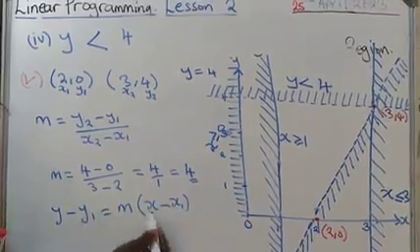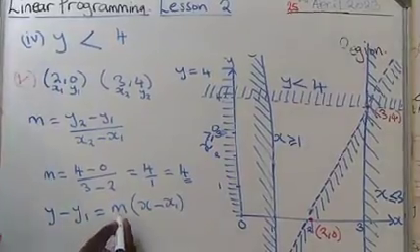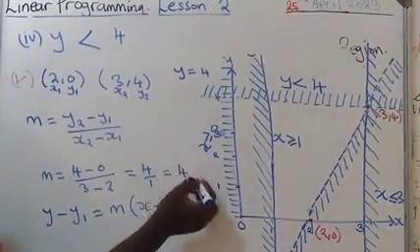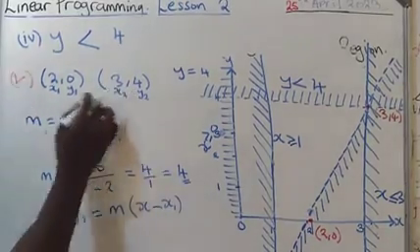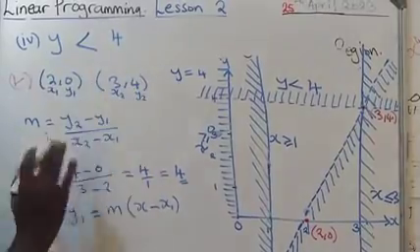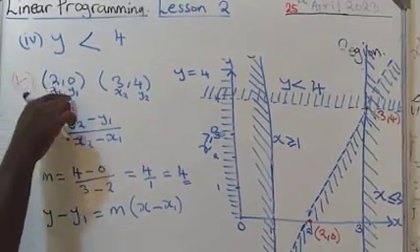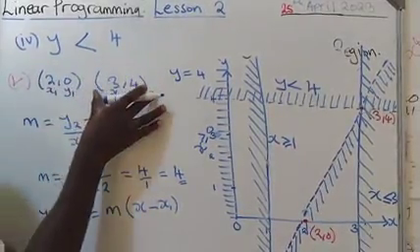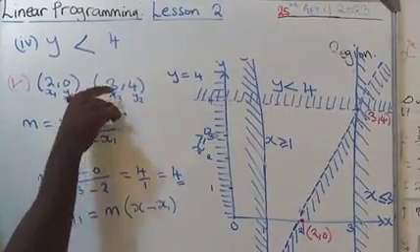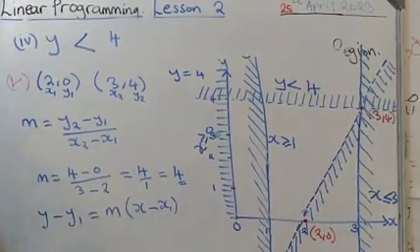Then for y and x, you can just let them be in the equation. For m, we understand that it's the gradient which we found here. So from the two coordinates that you came up with, you can either pick this or you pick that. It's fine. If you pick this, your x1 is 2, your y1 is 0. If you pick this, your x1 will be 3, your y1 will be 4. Just fuse in here where there is y1 and x1.